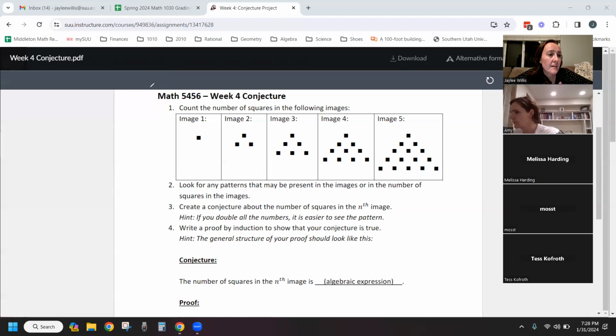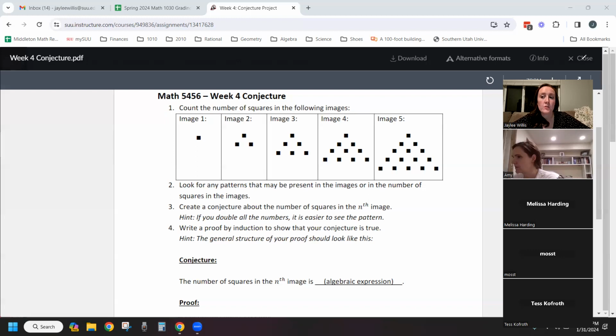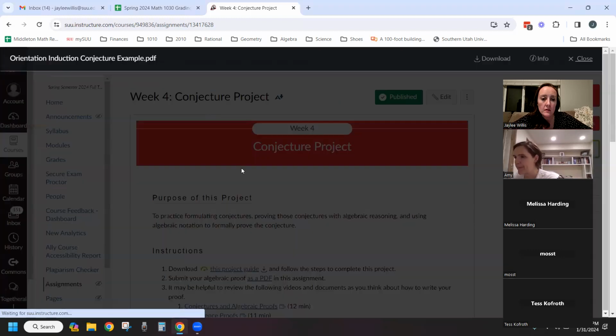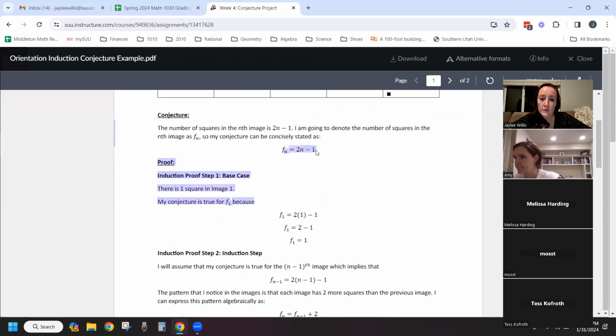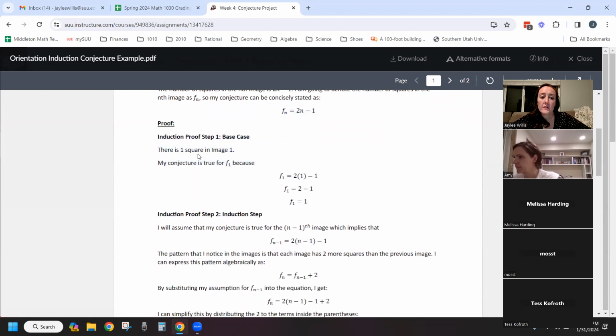Yep, so Anita, the one that you put in, that's the conjecture we're trying to prove. The base case is specifically proving it for the first image. So if we go back to the example one, the conjecture is going to be that one that you put in, Anita, and then the base case is where you say there's however many squares there are in image 1, and my conjecture is true because my formula gives me a 1 when I plug in a 1.